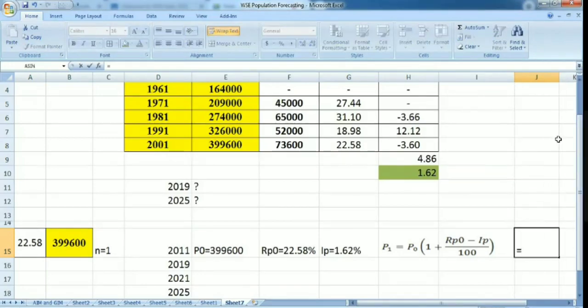This is equal to P naught, 3,99,600, multiplied by, in the bracket, 1 plus, again in the bracket, RP naught value 22.58 minus 1.62, divided by 100.